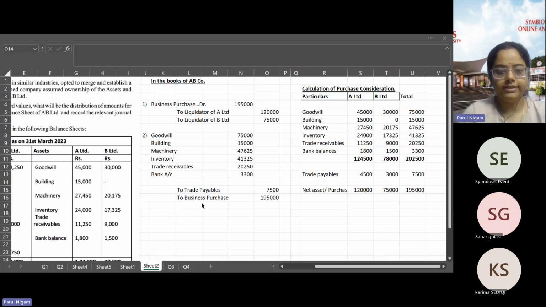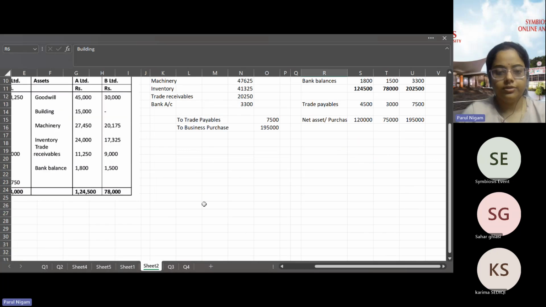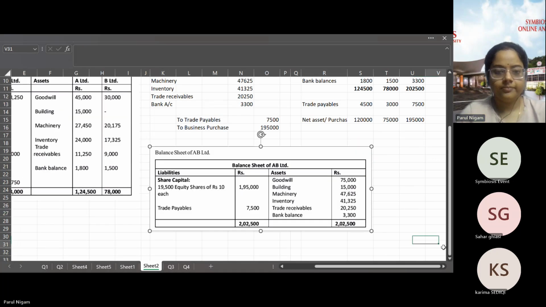Okay, and then we will finally prepare a balance sheet as per this, where you will be having goodwill, building, machinery. You will create a small balance sheet. I will show you what kind of balance sheet you are going to prepare. You're going to make a balance sheet just like this.